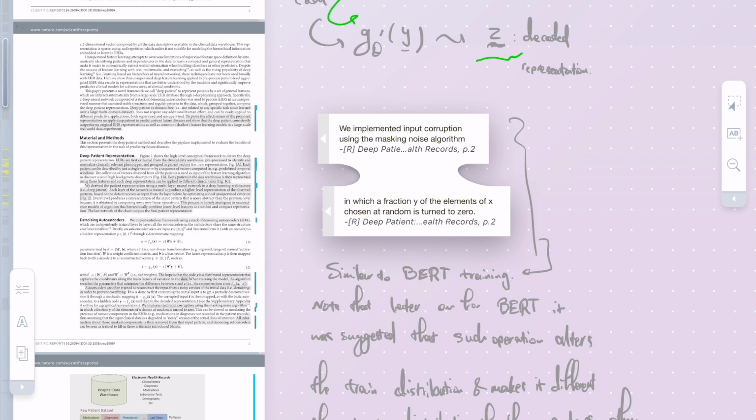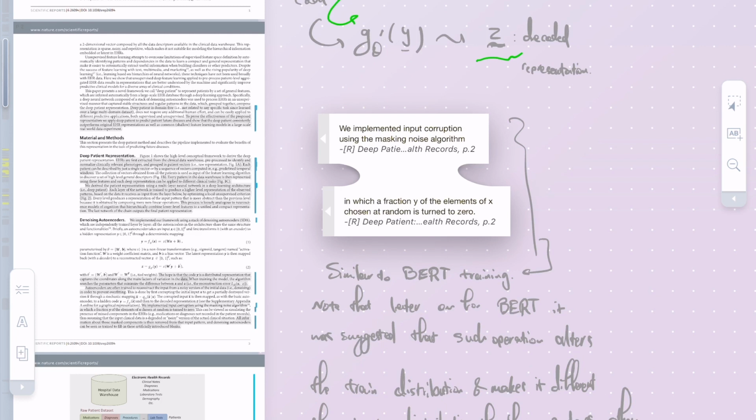To corrupt the x, what they do is mask the data. This is similar to what they do in training BERT for word representation learning. One thing that has been shown in the literature and various papers is that methodologies relying on masking usually work well, but there usually is an underuse of the capacity of the network.